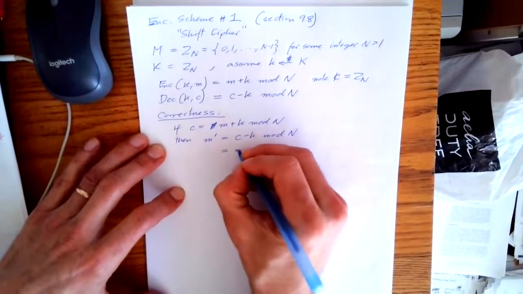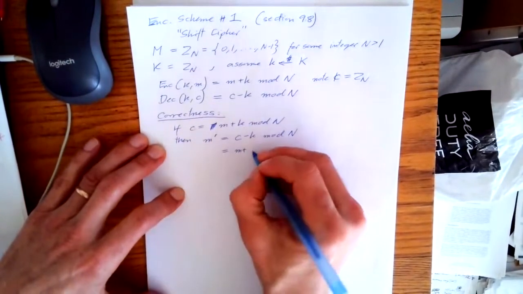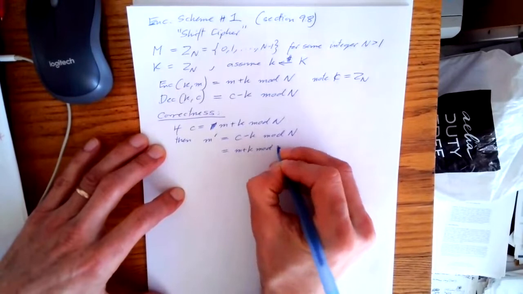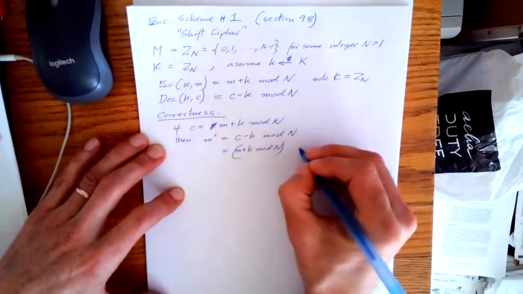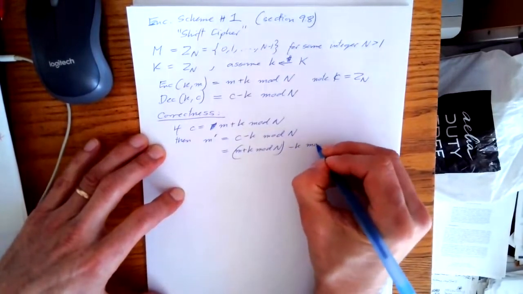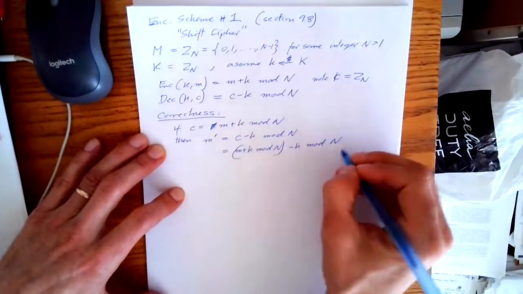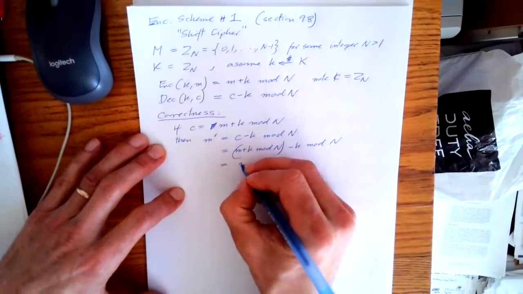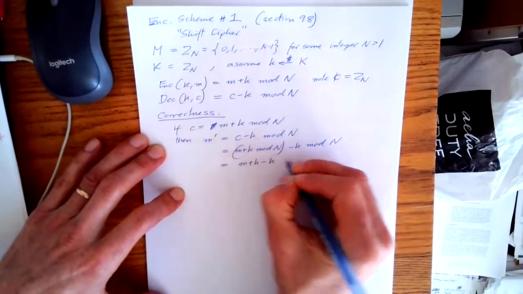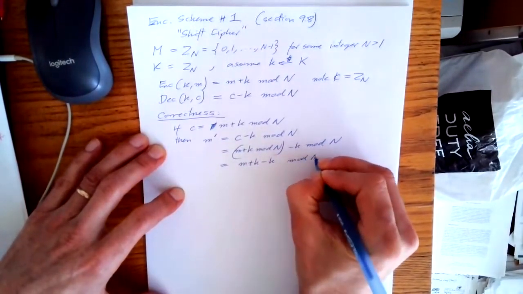Well, C is m plus k, so I can do this, and I subtract k mod n. But modular reductions done in between steps don't matter. So I can just rewrite it as this, right?